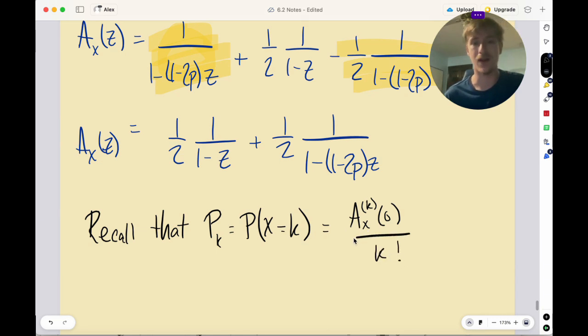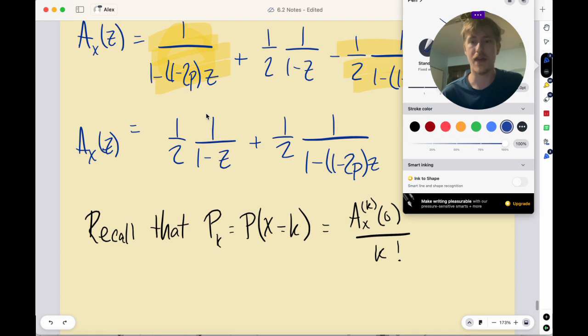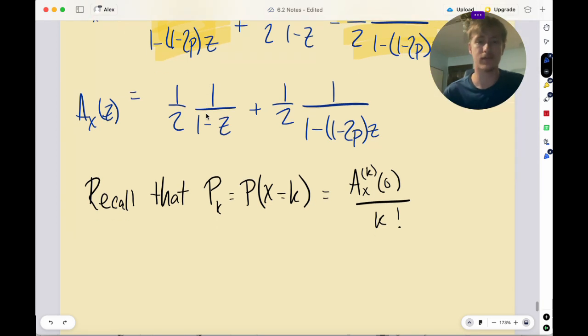Sorry in advance, I'm not going to verify that for you, but if you repeatedly take the derivative of this, you're going to sense a pattern. That pattern is going to show you p_k.